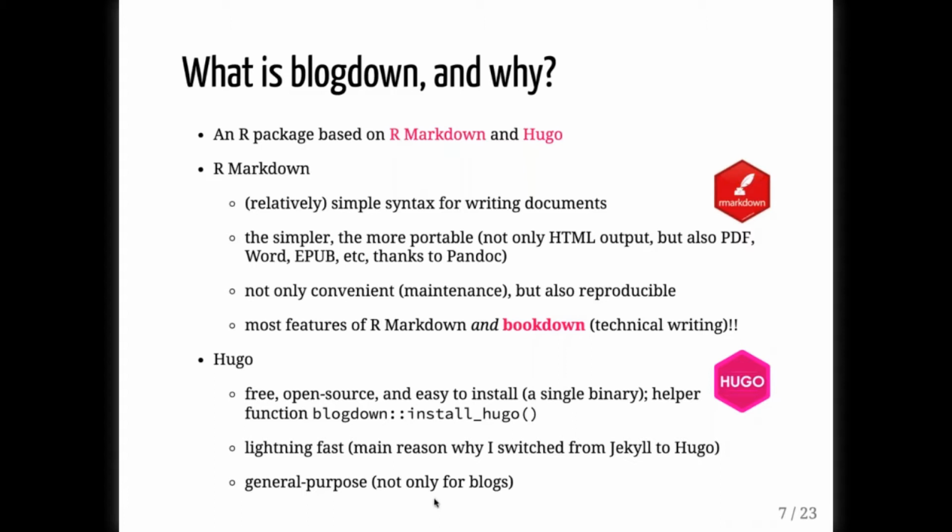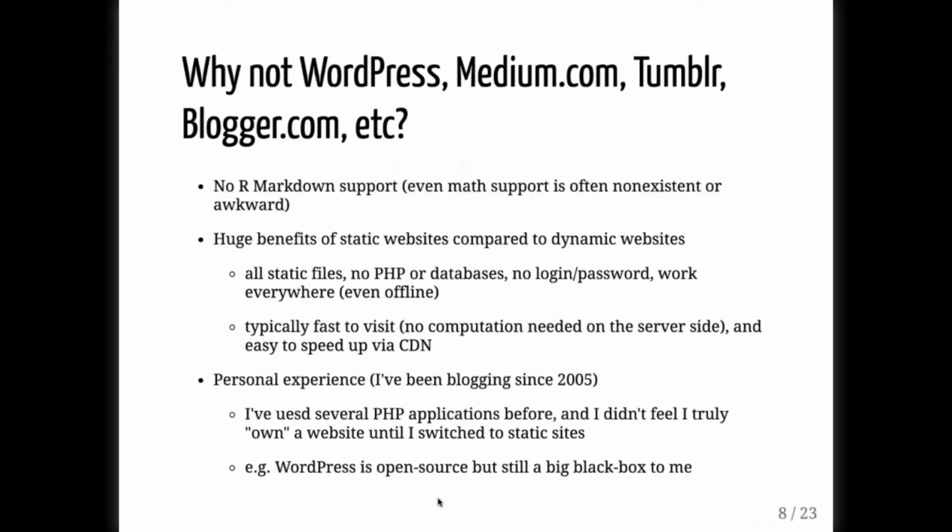And Hugo is actually a general purpose website framework. It is not only for blogs. You can build many types of websites using Hugo. So you might have used other website tools like WordPress, Medium.com, Tumblr, Blogger.com. So you may ask, why not use all of these tools? And the key thing missing in these tools is R Markdown.